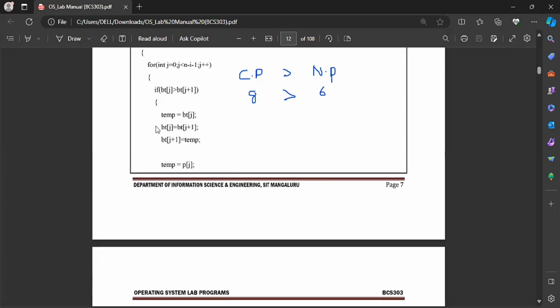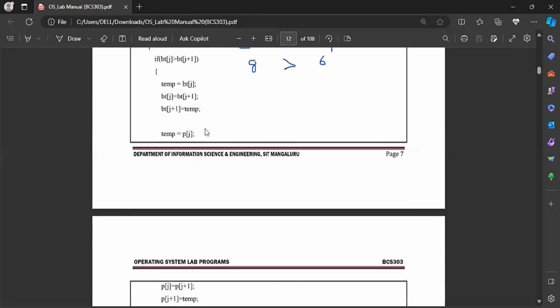So burst time of j plus 1 equals temp, here assigning the stored burst time to the next process. Now the burst times will be sorted after the bubble sort.